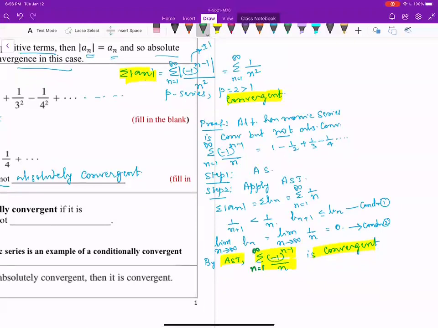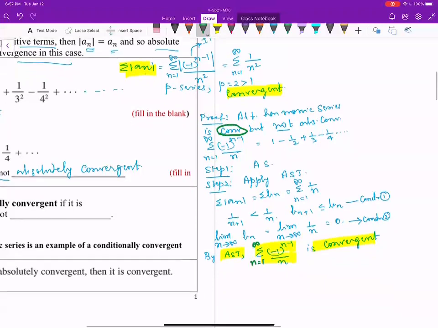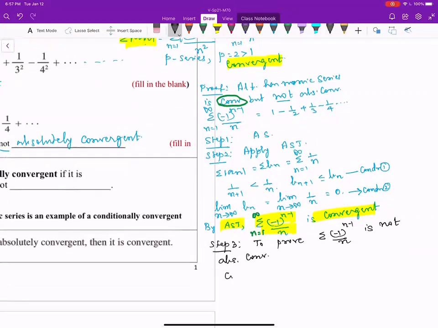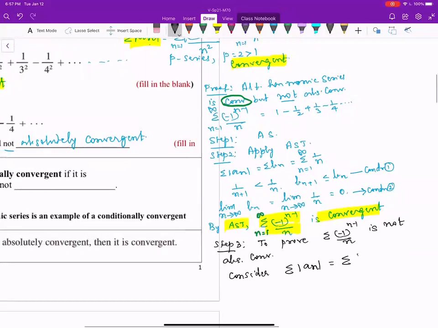So we got the first part done, the convergent part is done. Now we have to prove that it is not absolutely convergent. So to prove that sigma (negative 1) to the power n minus 1 over n is not absolutely convergent, consider the sum of the absolute value of a_n, which is sigma absolute of (negative 1) to the power n minus 1 over n.